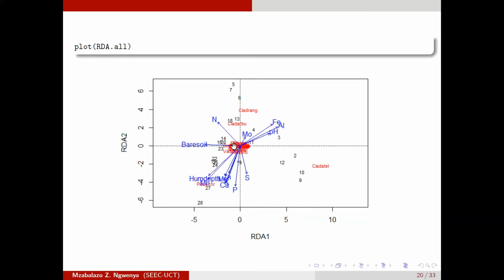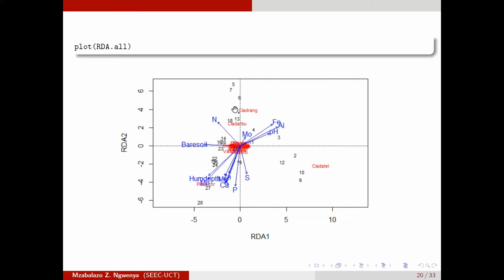So we've got more information in there. We've got our environmental variables, we've got our sites, and we also have the different species. So you can see sites 5, 7, 6 are similar, with high Cladonia rangiferina species, and these sites also have high values for nitrogen.